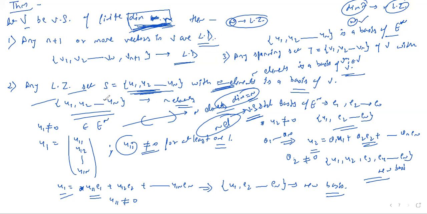So this is what we said in the second statement, and in the third statement, that n linearly independent vectors would generate the vector space, and any spanning set which has n elements would also generate the vector space. And in the upcoming theorem, you will see clearly what I mean by defining the dimension beforehand.